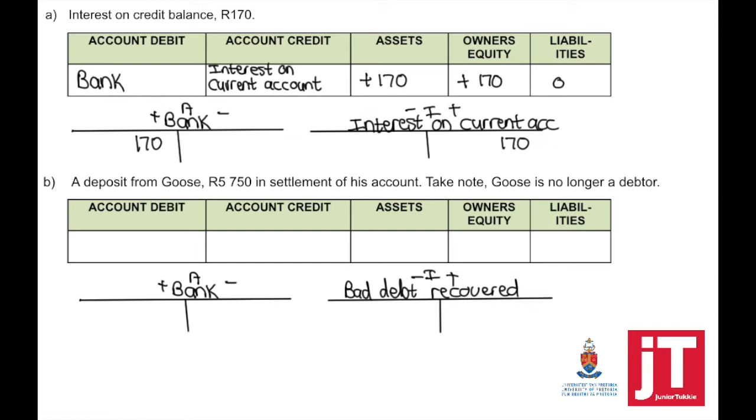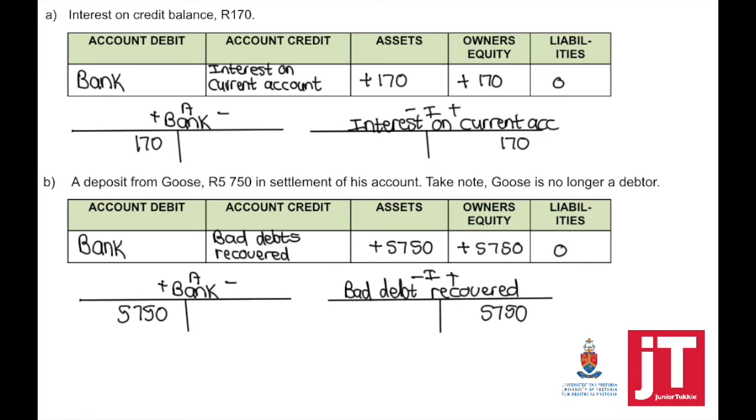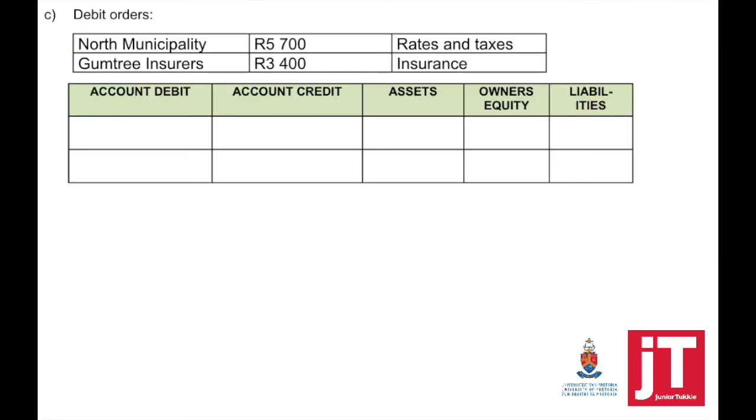So when we recover that money, it must be shown as bad debt recovered. Account debited will be bank. Account credited, bad debts recovered. Effect on the accounting equation, assets plus, because my income increased, it will have a positive effect on the owner's equity.